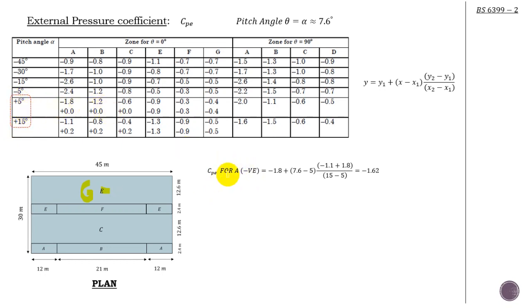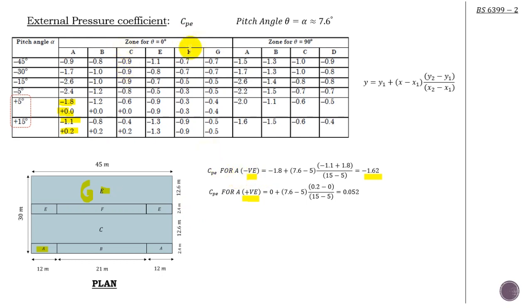For area A, we have to do it twice, because we have a negative here and a positive here. We interpolate once for the negative, this is the negative and this is the negative, get the value in between, and it's going to be minus 1.62. And we do it again once more for the positive, this is the positive and this is the positive.